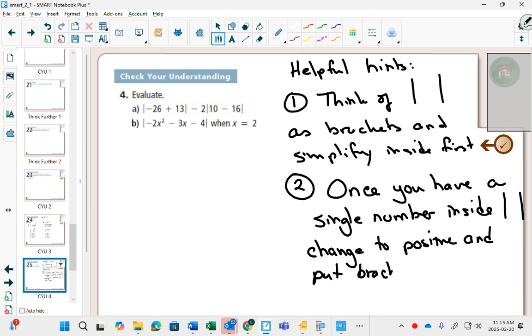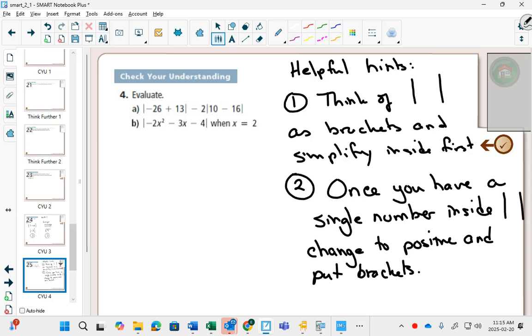And put brackets instead of absolute value signs. This is not always necessary, but sometimes it is, and it's going to be very helpful for you not making little mistakes. Absolute values are so easy to make little mistakes with.